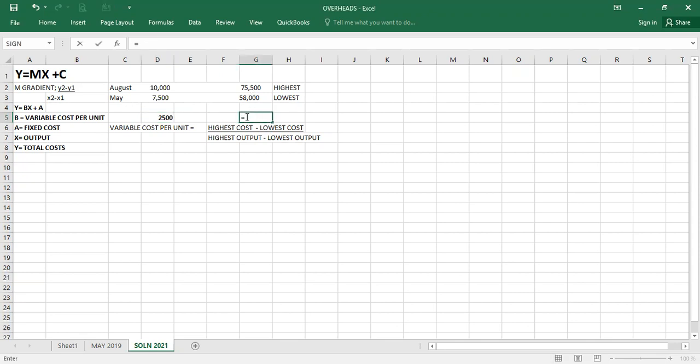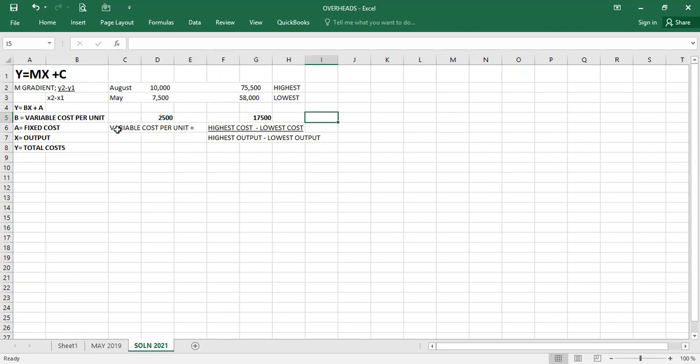Then also this one will be 75,500 minus the 58,000. This will give us 17,500.